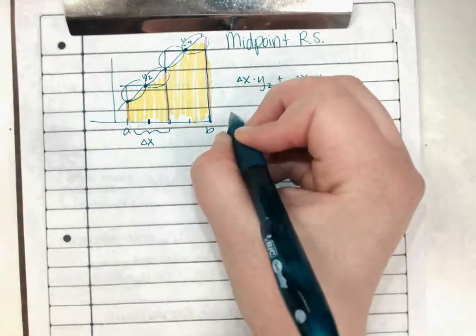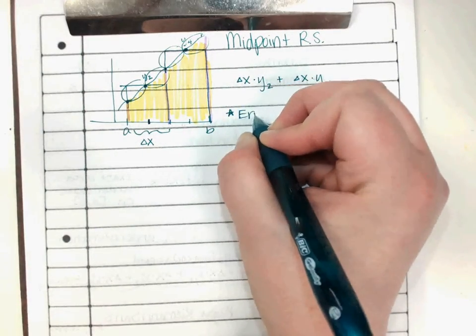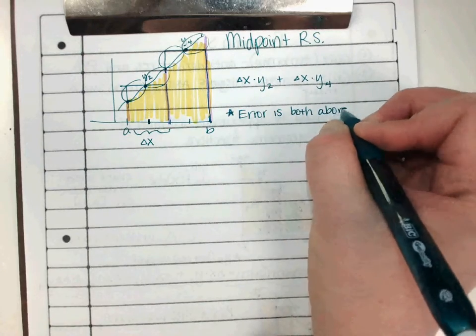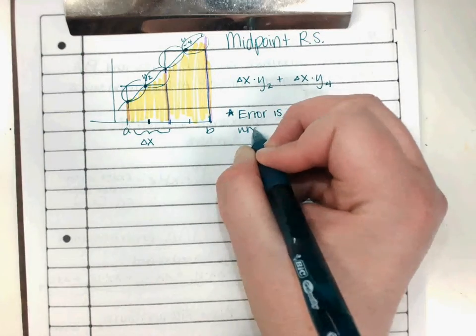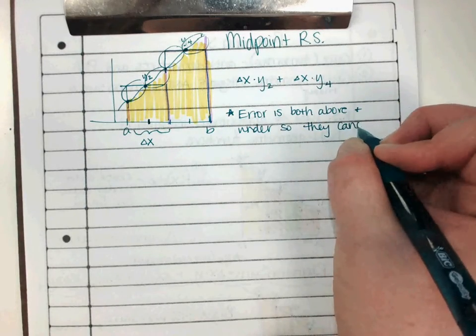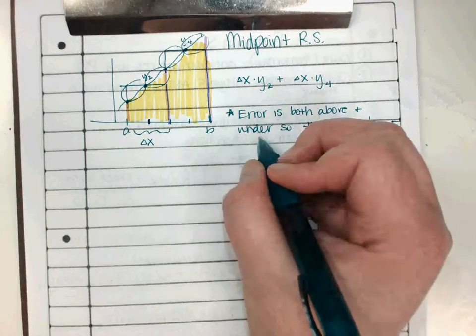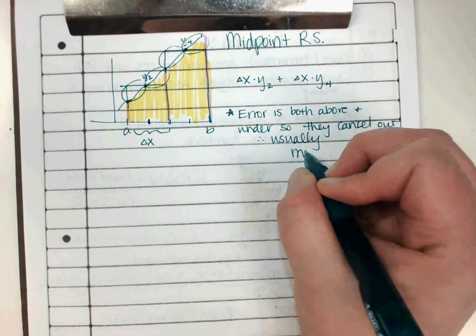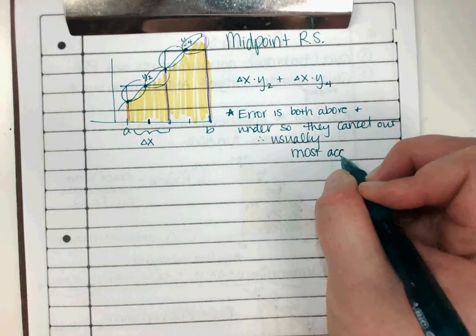So I'm going to put here, error is both above and under, so they cancel out. Therefore, this is usually the most accurate.